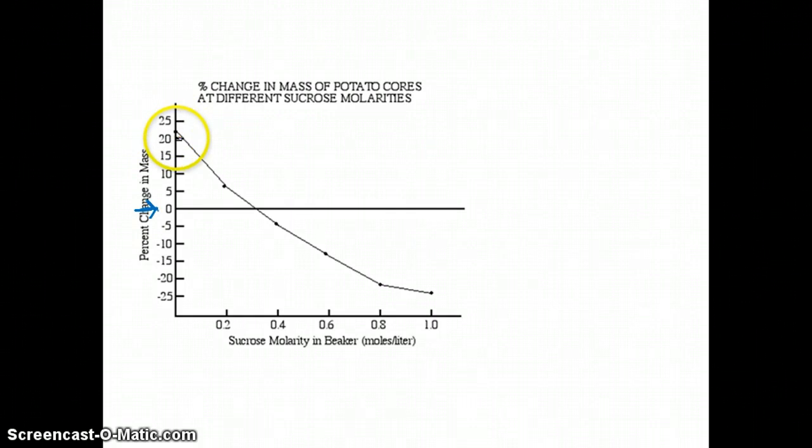If you see a graph like this, either on my test or on the AP test, you need to start thinking about a linear regression line that might look similar to this. You take that line and you find where it would be at dynamic equilibrium. You go down and you might be able to find the actual concentration inside of that cell.